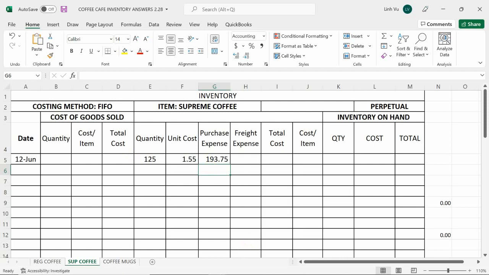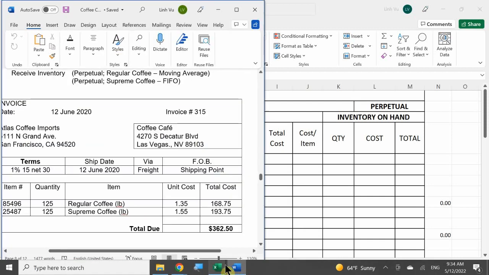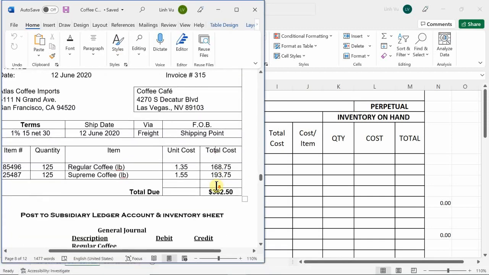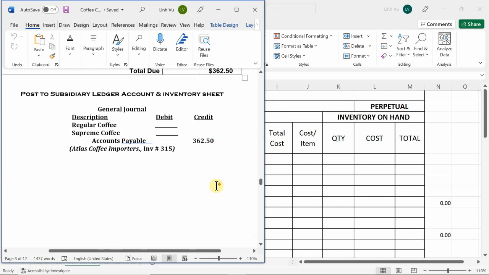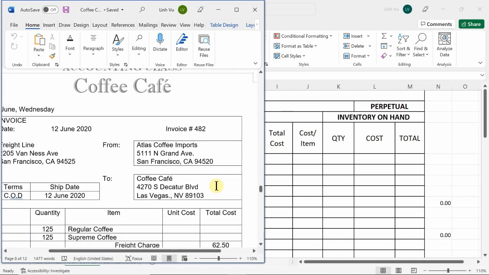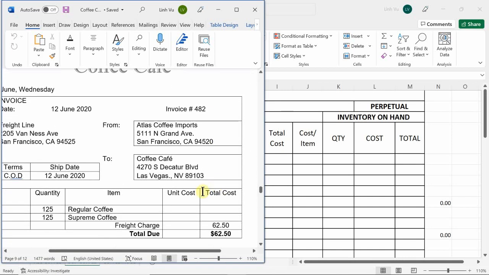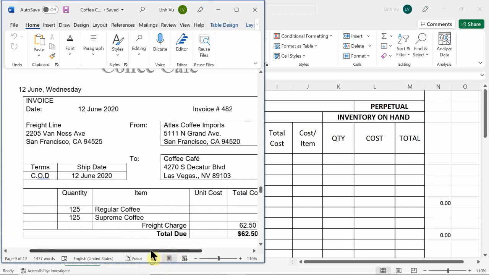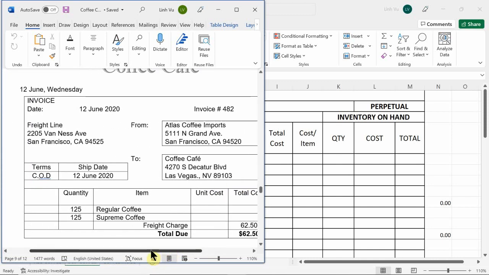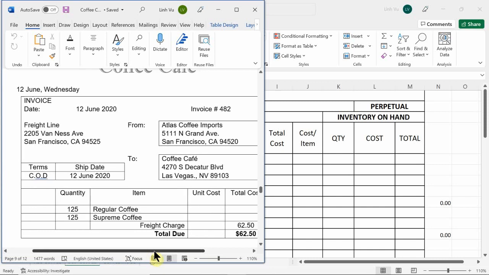All right, so we did everything that we needed to do. So then let's see what happened next. We end up receiving a second bill, same day. But check this out. We end up receiving a bill from Freightline. And what did Freightline do?